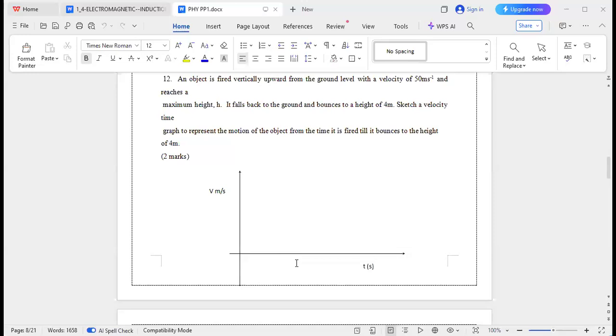So on the negative side, we continue with the line. This is coming back. When it comes back, it strikes the ground, then it bounces off, changes direction again, back to 0. So your line will come this way and then rises to 0.